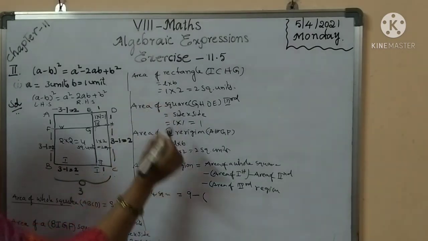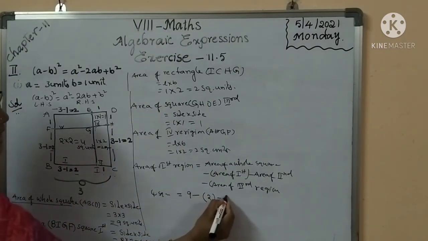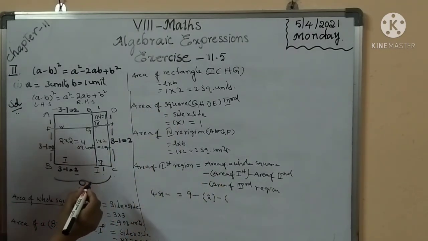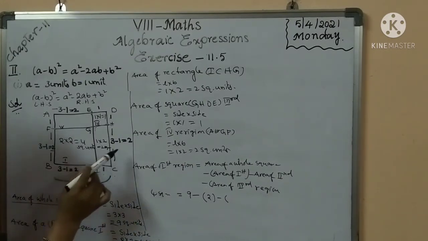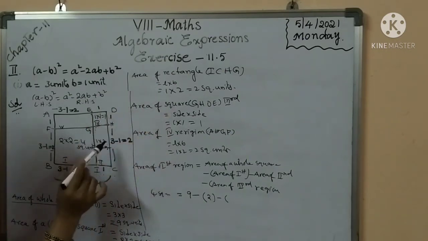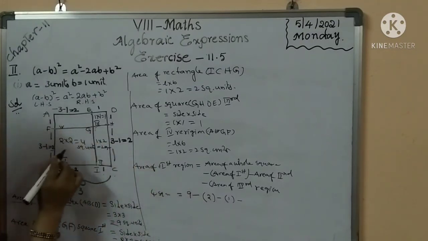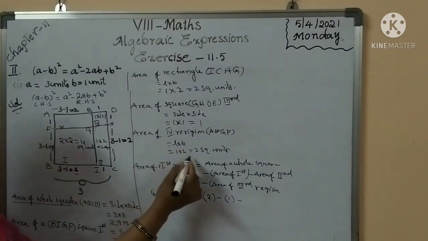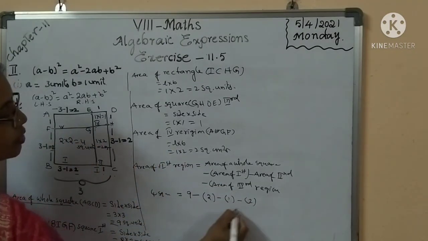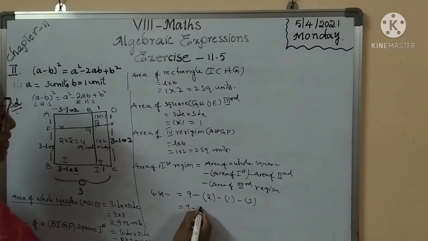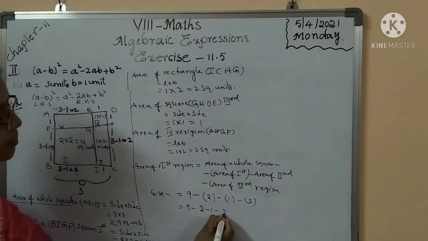Area of your second region is 2, area of your third region is 1, and area of your fourth region is 2. So here 9 minus 2 minus 1 minus 2.